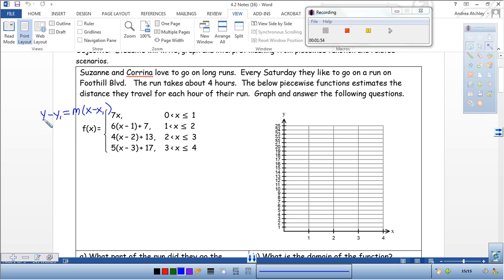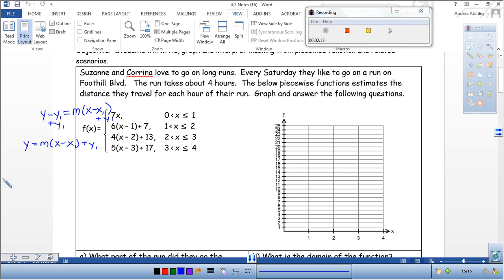They just got the y by itself, so they added the y1 to both sides, and then they ended up with this. So this equation is y equals m times x minus x1 plus y1. So in this is the x1, this is the y1, this is the x1, this is the y1.